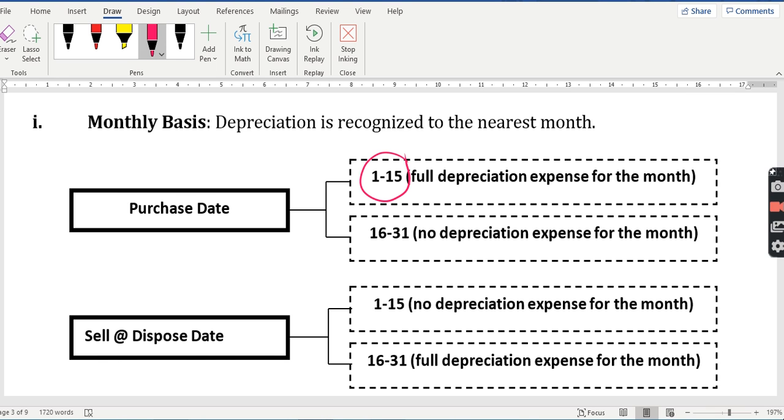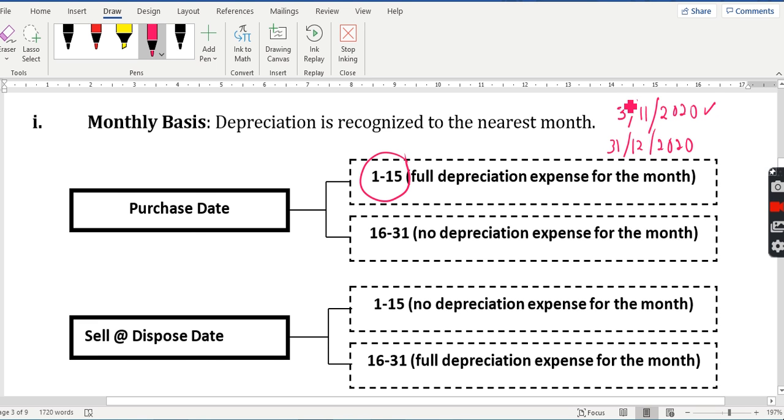So let's say I bought the asset on 3rd of November 2020 and my closing date is on the 31st of December 2020. Since I bought the asset on the 3rd, in the beginning of November, the depreciation for this asset will be counted as 2 upon 12, because in the month that we bought the asset, it will be fully depreciated.